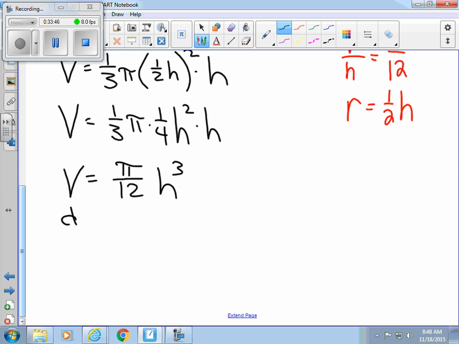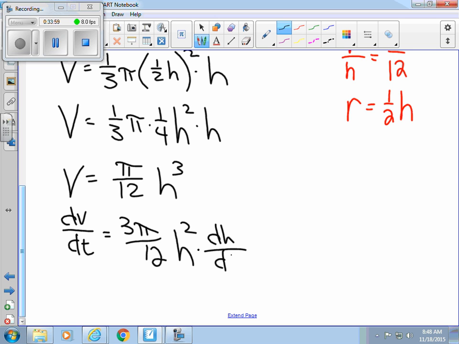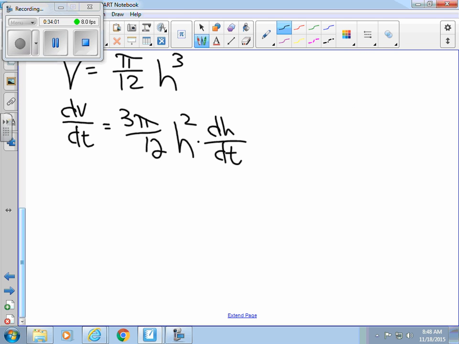So dV/dt is 3 pi over 12. You could go ahead and reduce that. h squared times dh/dt. And now I think I know all my variables. Let's find out. I know dV/dt was 8. Is that right?